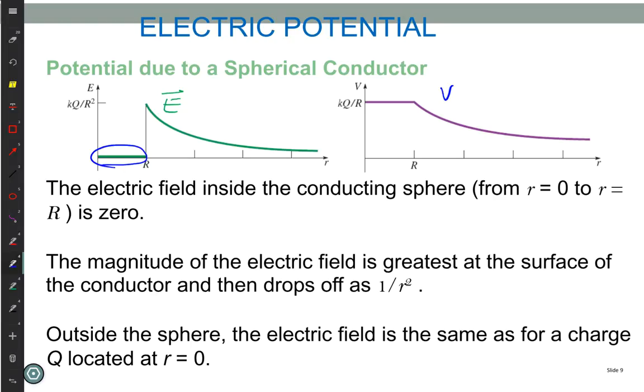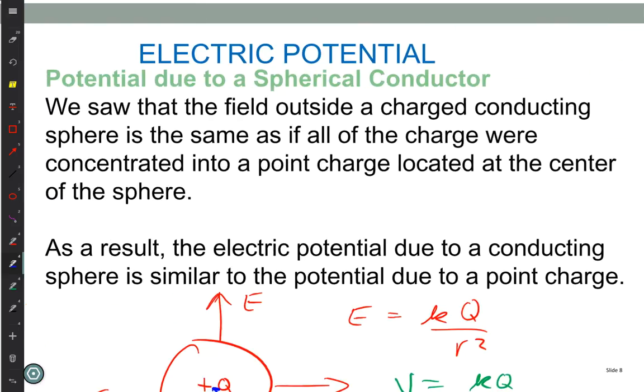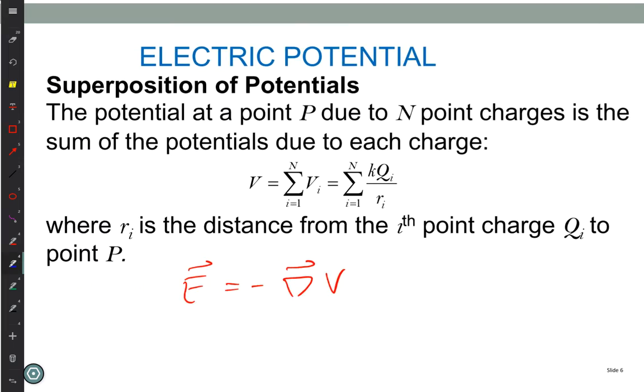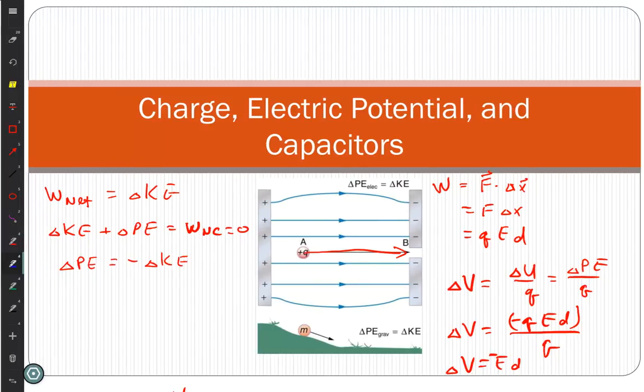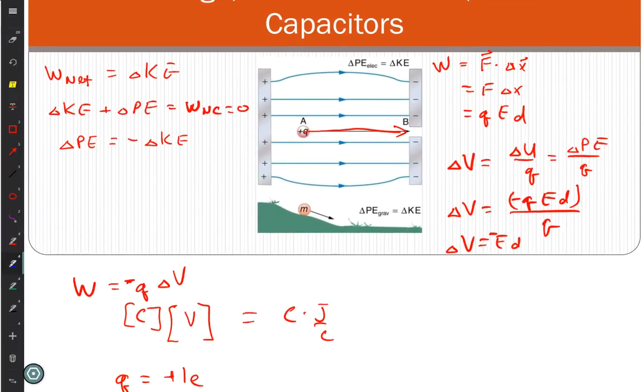It has to be constant, because we saw from the work we just did, let's go back to it rather than just say we did, that the voltage change is electric field times distance.